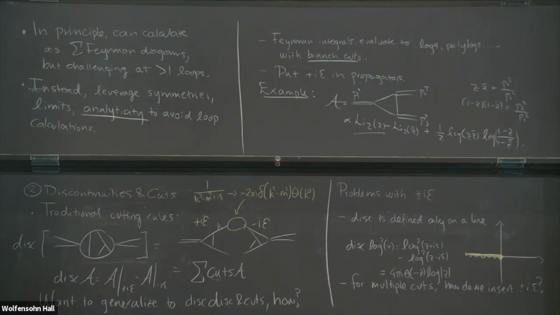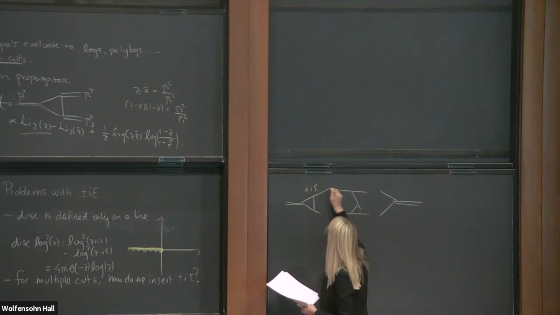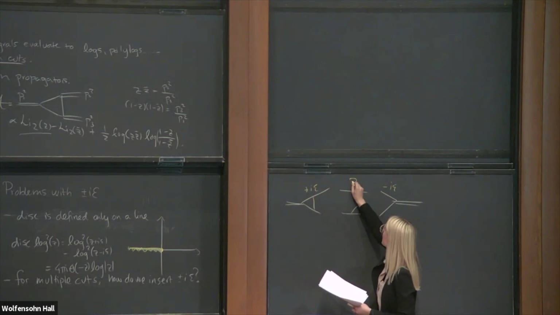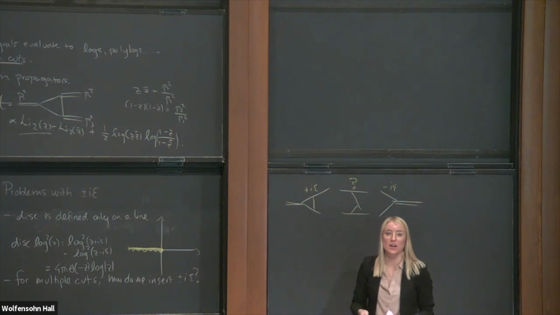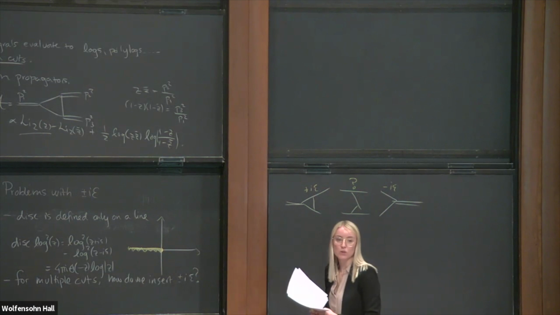Because if we have, let me draw again this picture, except let me do 2 cuts through that diagram. Then let's say I put plus iε's over here and minus iε's over here. Then the question is what goes in the middle, right? Or equivalently, if I start shuffling them around to different parts of the diagram, what should I put where?